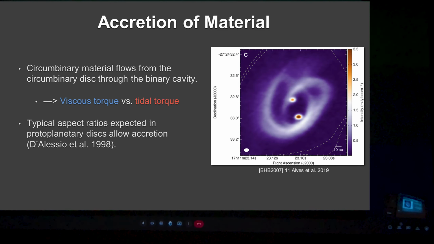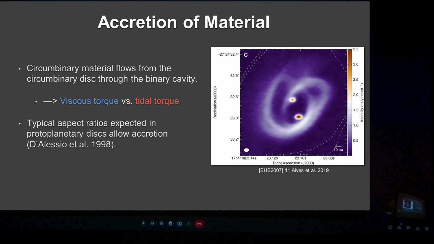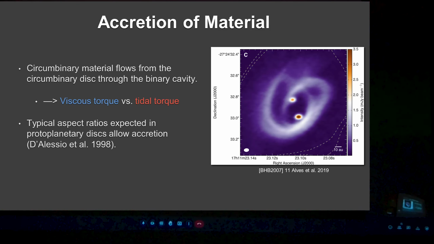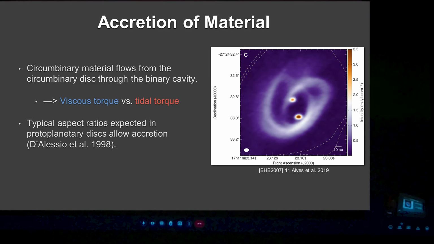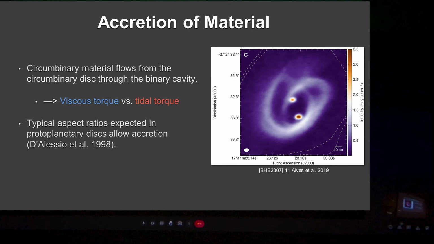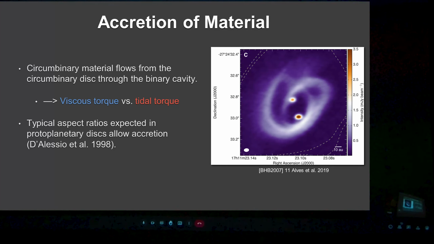But also there's a tidal torque because the binary, as it moves around, has a tidal torque and it wants to prevent material from entering the cavity. But with observed parameters of the binary, the circumbinary disk, this viscous torque kind of outweighs the tidal torque, and material can flow into the cavity.